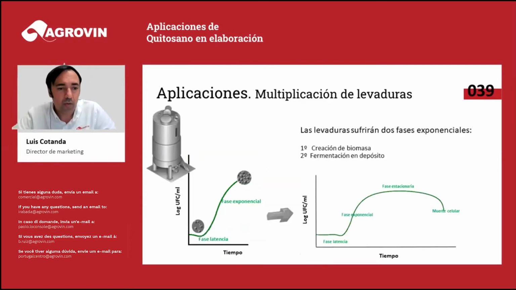And what happens in a multiplier when we use this type of system to multiply yeasts in the winery? Well, the scheme is a similar one, but the difference is that we're going to demand two exponential growth phases from the yeast, one in the multiplier and the second one in the tank where we are going to send it.